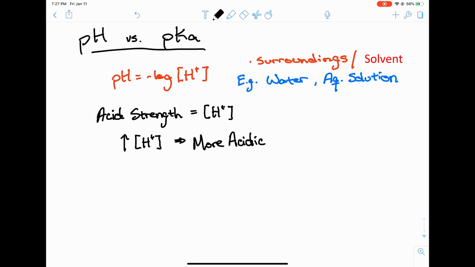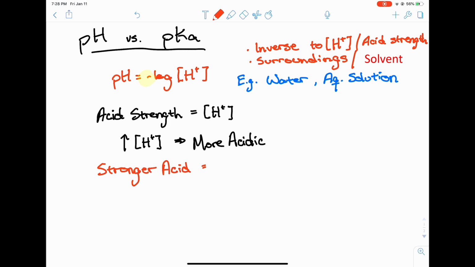However, the equation for pH has a negative sign for the side with the H plus variable. This means that there is an inverse relationship between the pH reading and H plus concentration. Overall, this means that the stronger the acid, the lower the pH value.